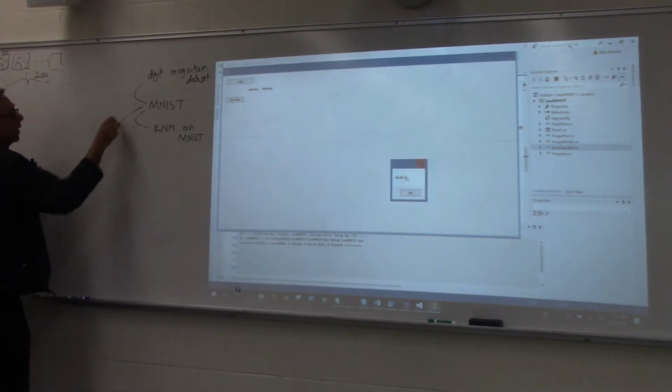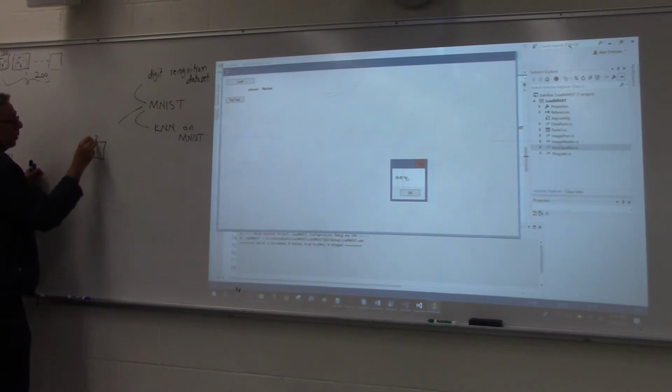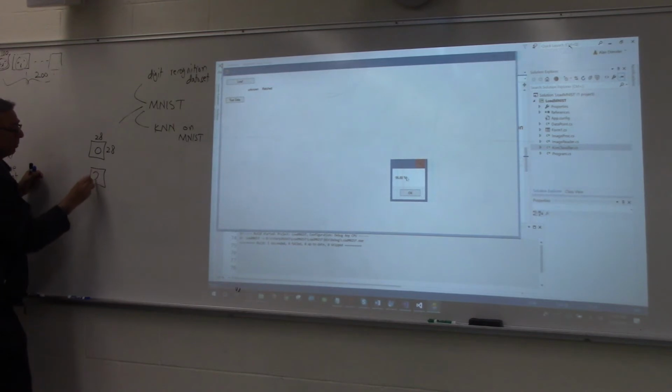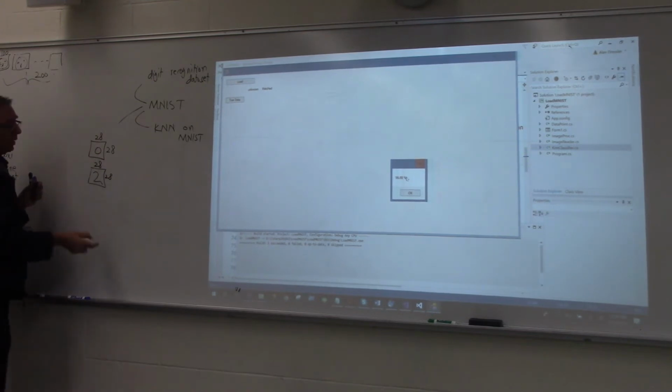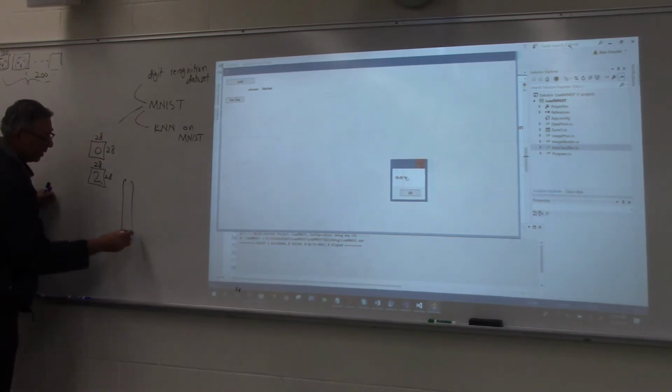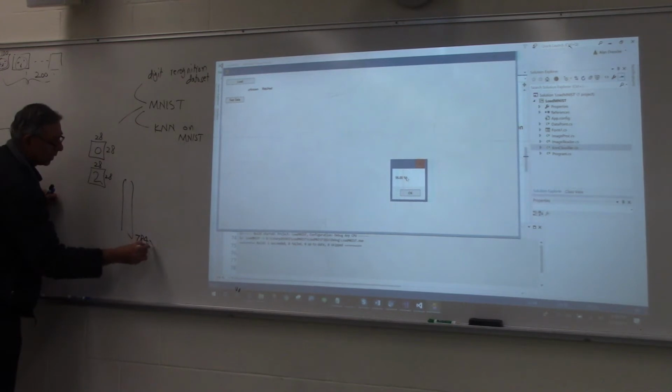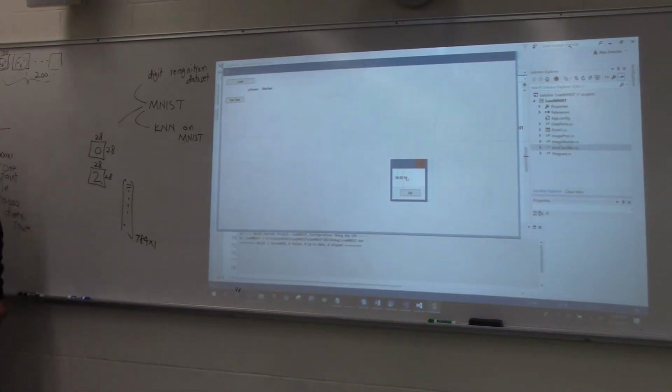Okay, each digit over here is 28 by 28 pixels. So like there's 0, for example, there might be 102, 28 by 28 pixels, right? So if we assemble it into a vector, it becomes 784 by 1, because 28 by 28 is 784, right?